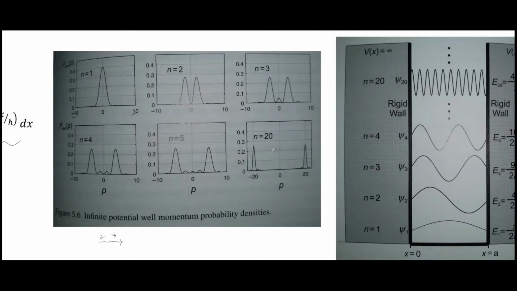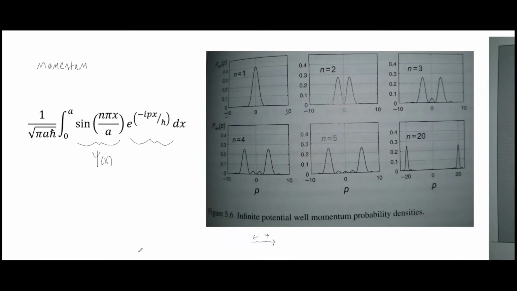And so we can see here that as our n gets higher and higher, our momentum is becoming larger and larger in magnitude. I'm not going to solve this right here, because it's really not that informative to see what the solution to this is.